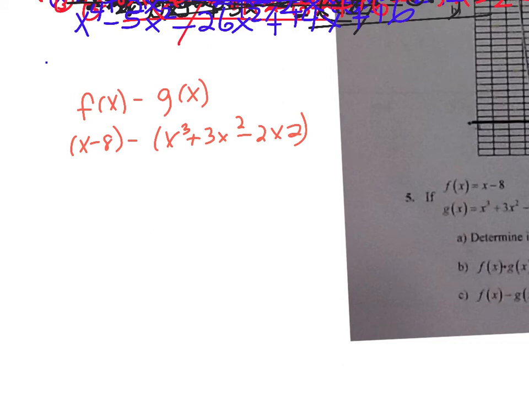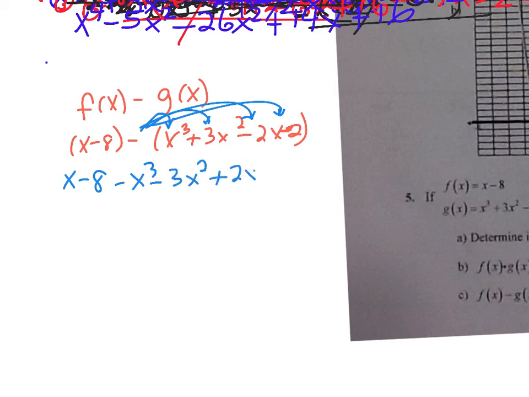All right, since we're subtracting a polynomial that has 4 terms, we have to make sure that we distribute that negative. Okay? So we have here x minus 8 minus x to the third minus 3x squared plus 2x plus 2.